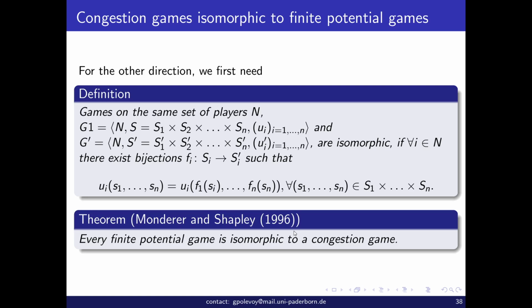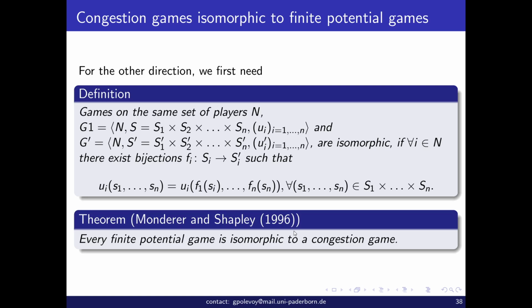The games are isomorphic if for each player there is a bijection, so it's a mutual correspondence, which is one-to-one and onto, from S_i to S_i prime, from her strategies in the game G to her strategies in the game G prime, such that the utility of that player with strategy profile s1 till sn is the same as the utility in G prime under the correspondence.